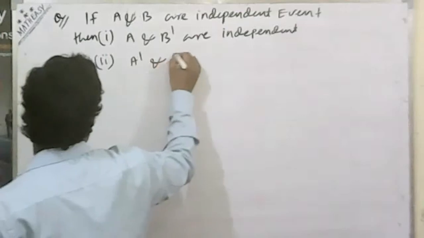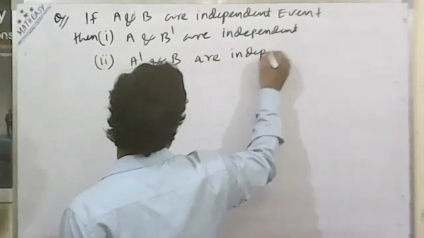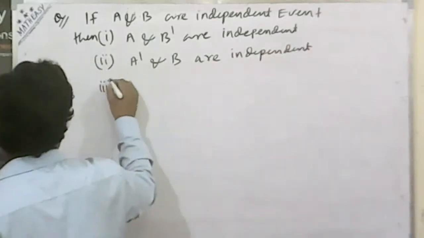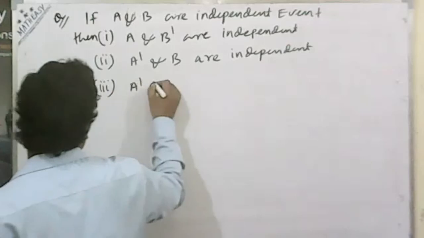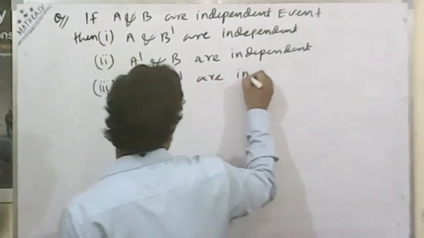A dash and B are independent. A dash and B dash are independent.